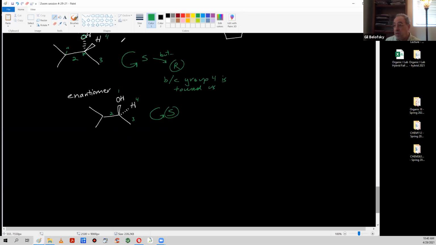So back when we were doing naming, that is sort of the beginning of this chapter, we would spot the longest chain, 1, 2, 3, or 1, 2, 3, 4. We would call this molecule a 2-butanol.